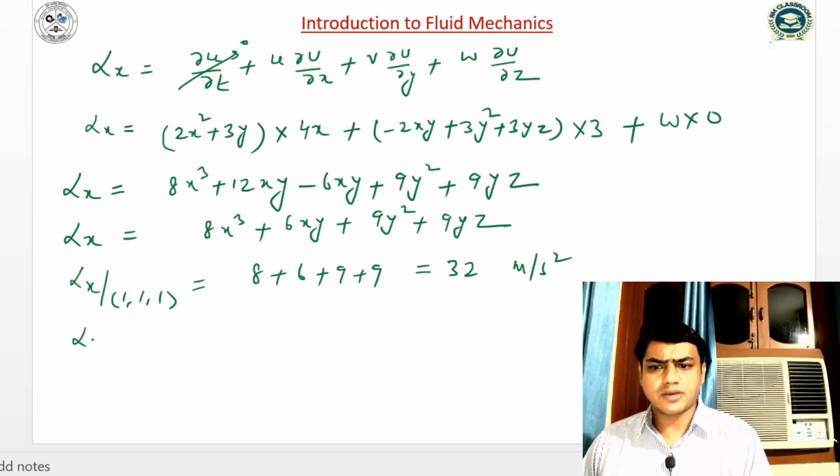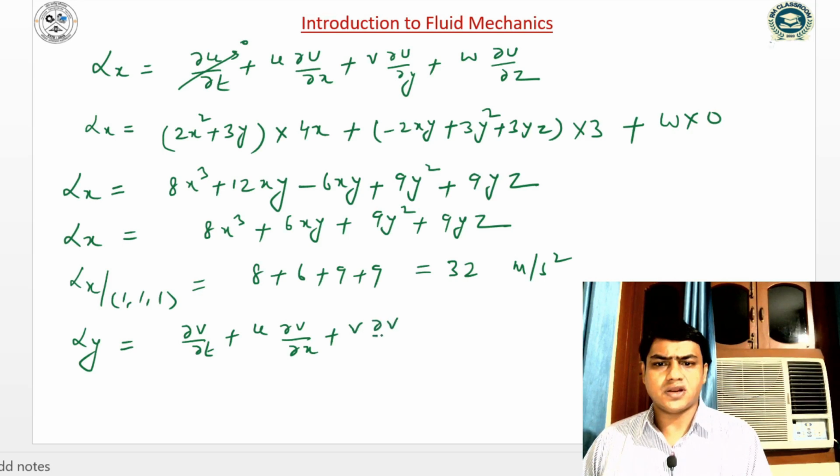Similarly, alpha y can be computed as: alpha y is equal to del v by del t plus u into del v by del x plus v into del v by del y plus w into del v by del z. Once again, this component is 0, the local acceleration. So for the convective acceleration, u is twice x square plus 3y, into del v by del x. What is del v by del x?